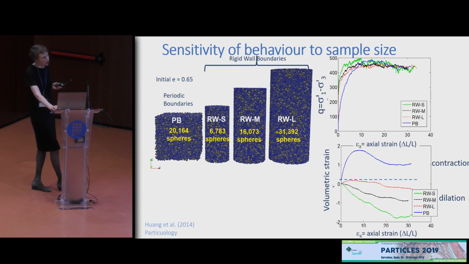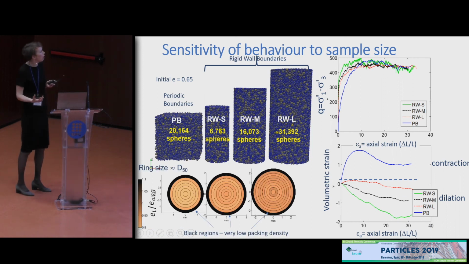And what we found was there was quite a significant sensitivity of the material response to sample size. The samples with periodic boundaries contracted and were much less stiff, while these rigid wall samples all dilated.